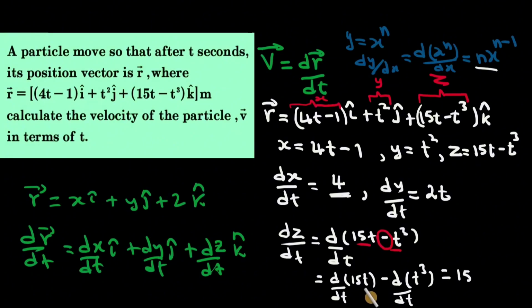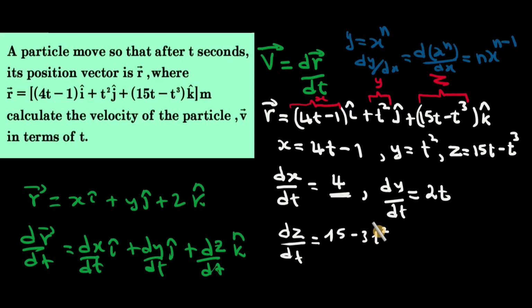The differentiation of 15t is 15, according to this formula, minus the differentiation of t cubed, which is 3t squared. For t cubed, n is 3, so I take 3 times t to the power 3 minus 1, which is 3 times t to the power 2, since 3 minus 1 is 2. So that is why I'm having 3t squared here. So dz/dt is 15 minus 3t squared.